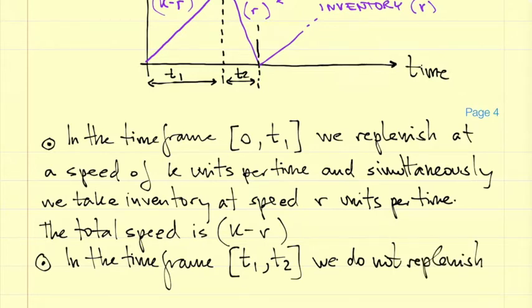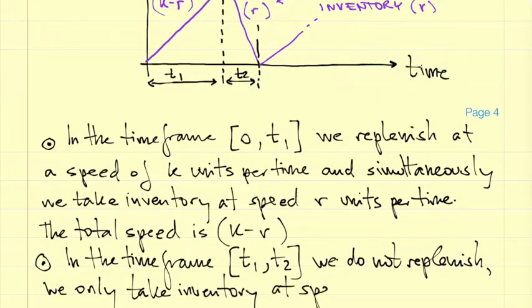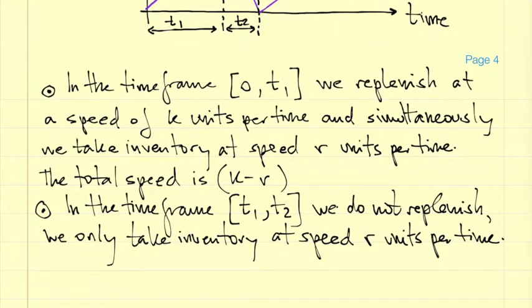Because we have already achieved Q, which is our maximum. We only take inventory at speed R units per time. Okay. Does it make sense?